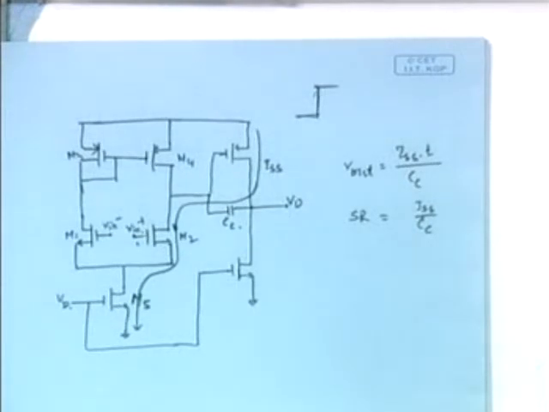And now we are seeing that the slew rate is given by CC also. So the determination of the value of CC is a very critical issue during the design of an op-amp. First and foremost, you have to determine the value of this CC very accurately.